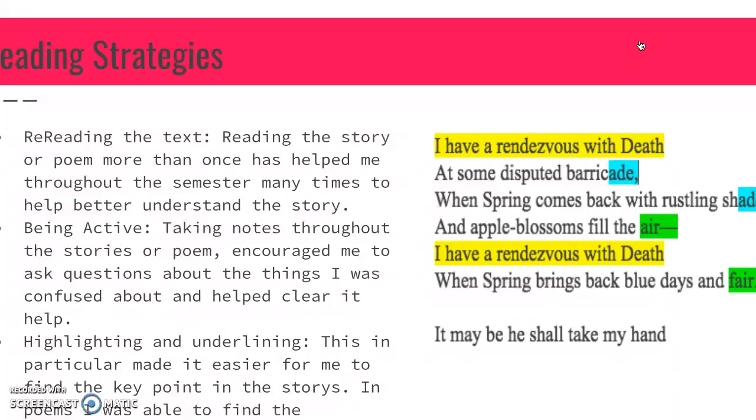With the highlighting and underlining, I was able to keep track of all the rhetorical devices when I was reading them. Having the devices highlighted and underlined helped me better understand each of the poems and figure out what they were trying to say if I was confused on some of them.